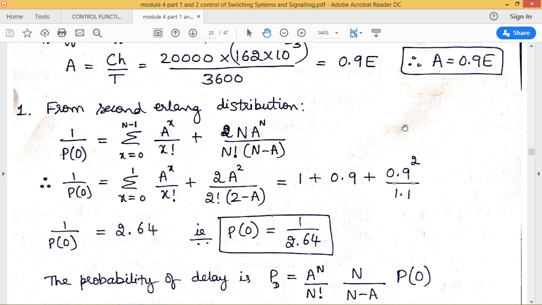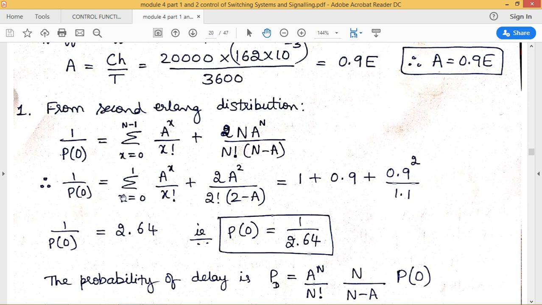Two processors means we can assume two trunks or two servers. We know n is the number of servers in this equation. Similarly, two processors are involved in handling the offered traffic, so n is assumed as 2.